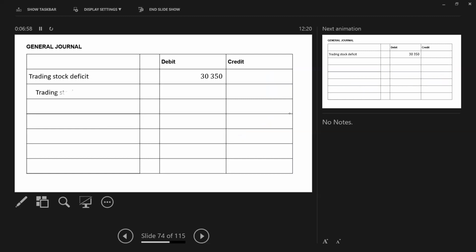We debit trading stock deficit because that is an expense. It's a deficit, it's an expense. We credit trading stock because our trading stock was sitting at 800,350. It needs to be taken down to 770, and we are taking it down by 30,350. That reduction of your asset will result in your asset being credited.